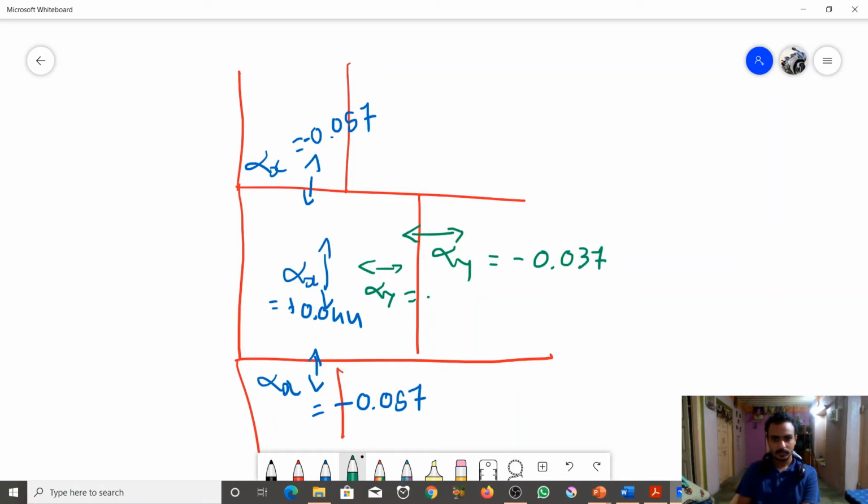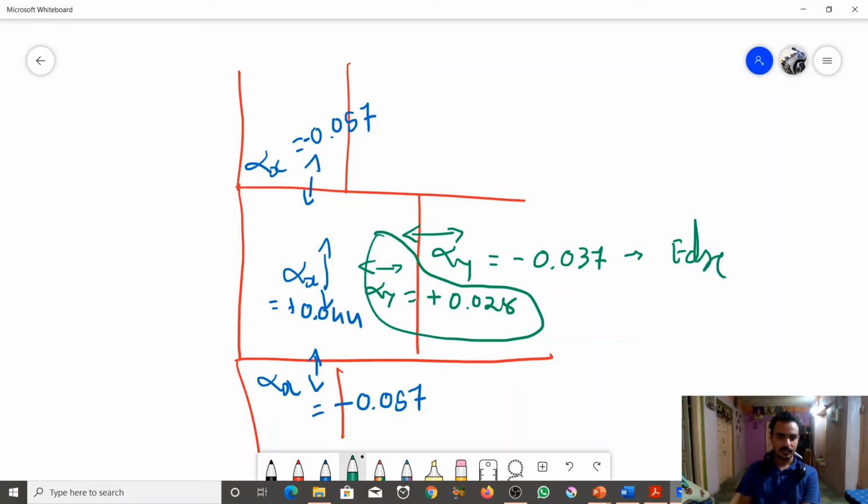So these are the middle strip moments. These are edge strips. So alpha Y does not apply here because this slab is discontinuous. This span is discontinuous, but this span is continuous. Okay.